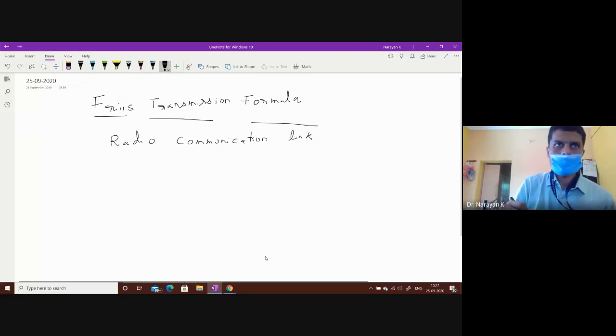Okay, so please draw one structure. This is your transmitting antenna. This is your receiving antenna.